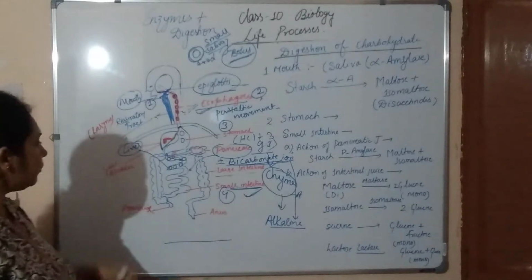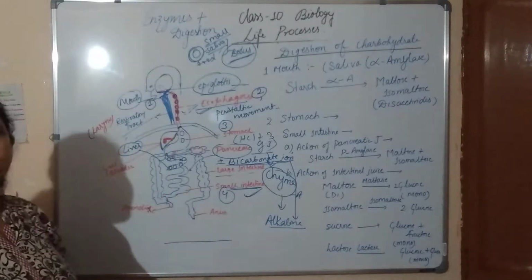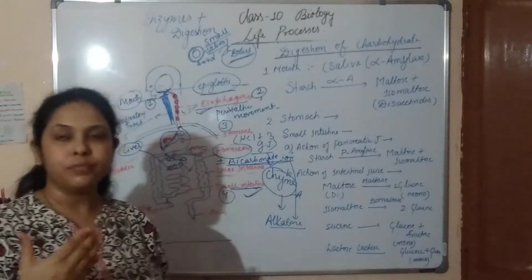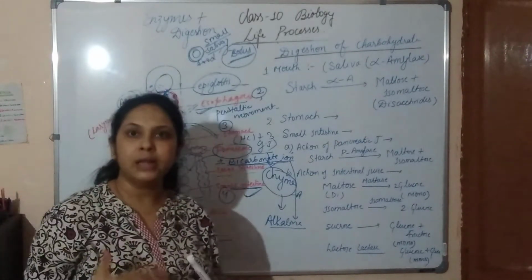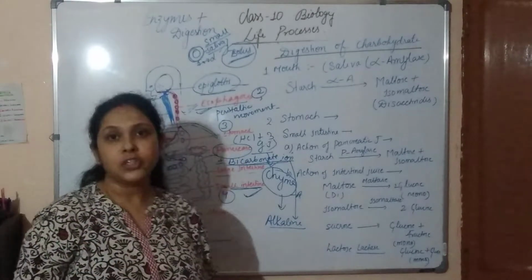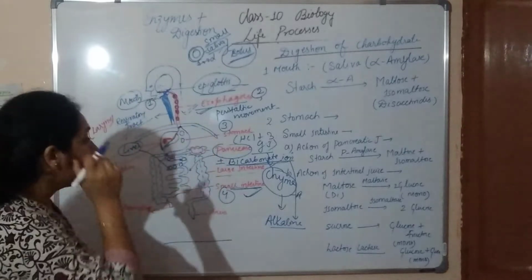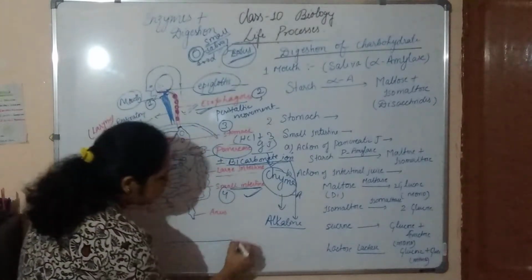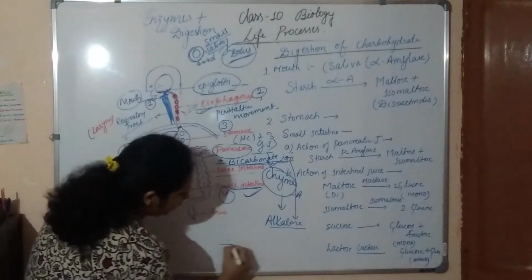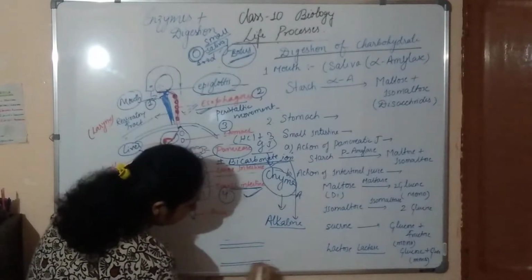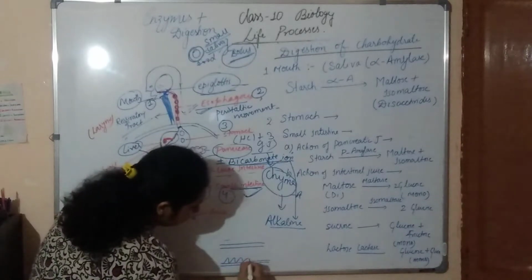Now after that, in the small intestine, a digestion process occurs: different types of carbohydrate and protein, and fat digestion takes place, as well as absorption. Let's take the structure of the small intestine here. The small intestine has a villi-like structure.